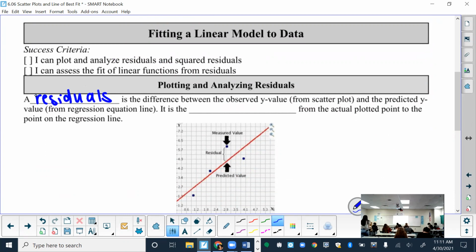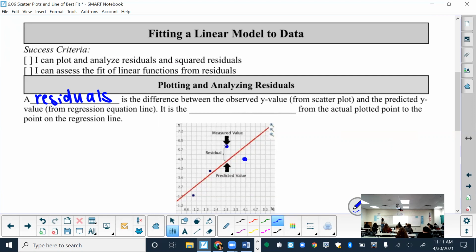Those are going to be the difference between the observed Y value and the predicted Y value. So it's going to be actual Y value minus the predicted Y value. The observed, or the actual Y value, is what you get from your scatter plot.